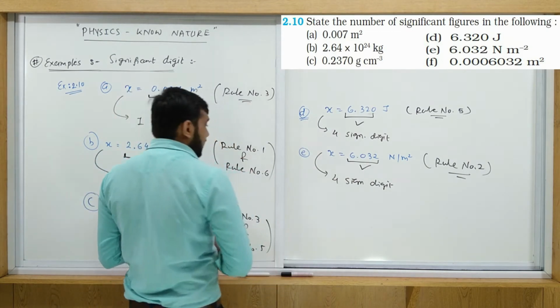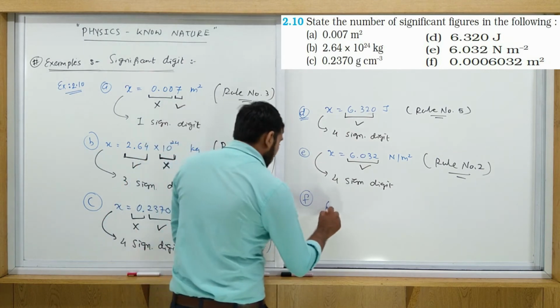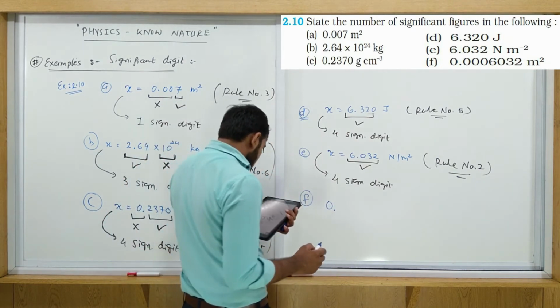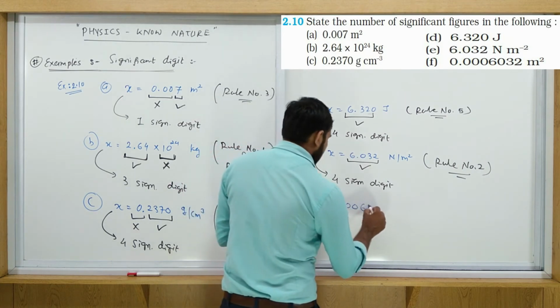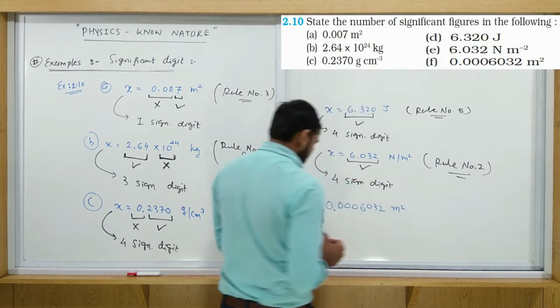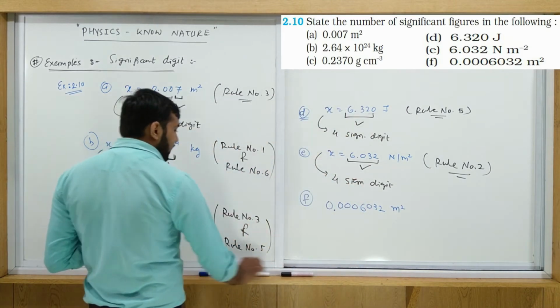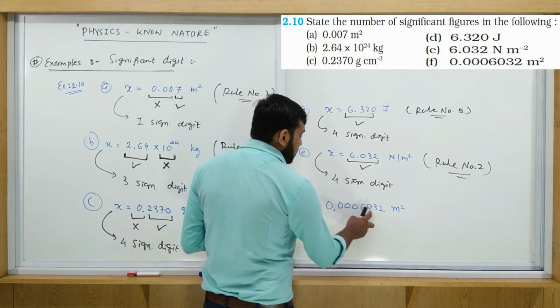Okay, let's rewrite the next one. F. What is this problem? 0.0006032 meter square. Okay, this is again one more example. How many digits? 1, 2, 3, 4, 5, 6, 7, 8.